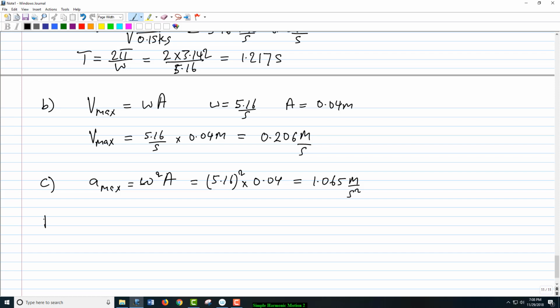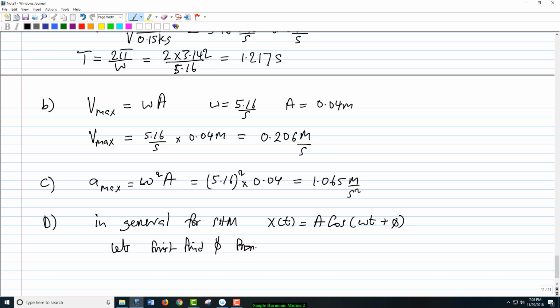And then for D, to find an expression for the position, velocity, and acceleration, we know that in general, for our simple harmonic motion, x of t, the displacement, is given by A cosine omega t plus phi. Let's first find the phase from the conditions given.